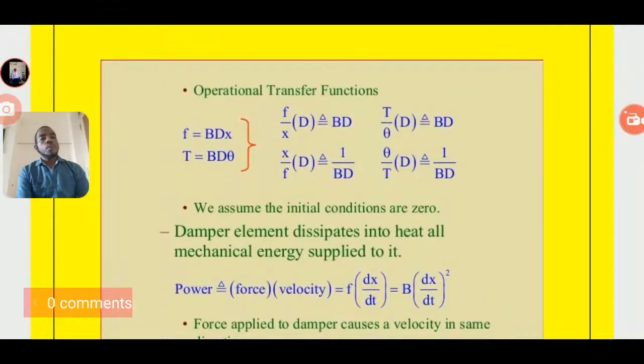So the operational transfer function: f is equal to b dx, where b is nothing but the dashpot, and torque T is equal to b d theta. So from f equal to b D x, we can say that f by x into D is equal to bD, and T by theta into D is equal to bD. Then x by f into D is equal to 1 by bD, that means theta by T into D is equal to 1 by bD.